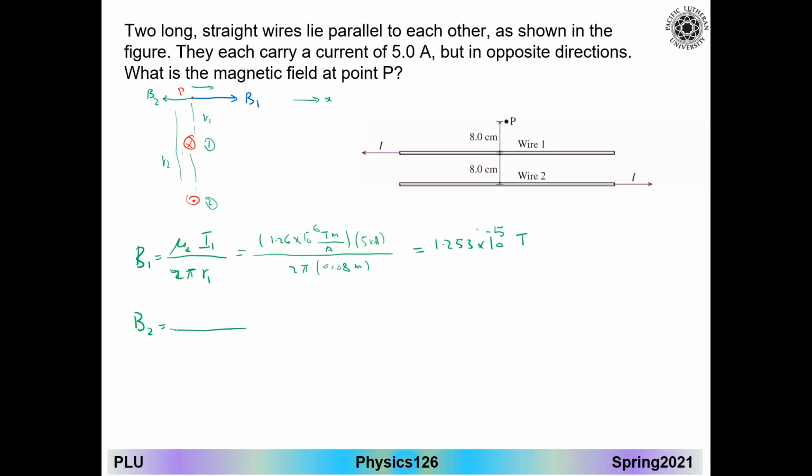Now let's try to find B2 in that case. B2 has the same formula. Here is mu 0, I2, divided by 2 pi R2, let's call it. So in this case, here is R1, 0.08, and R2 is double. Basically, I1 equals I2, so here is I1. And what about R2?